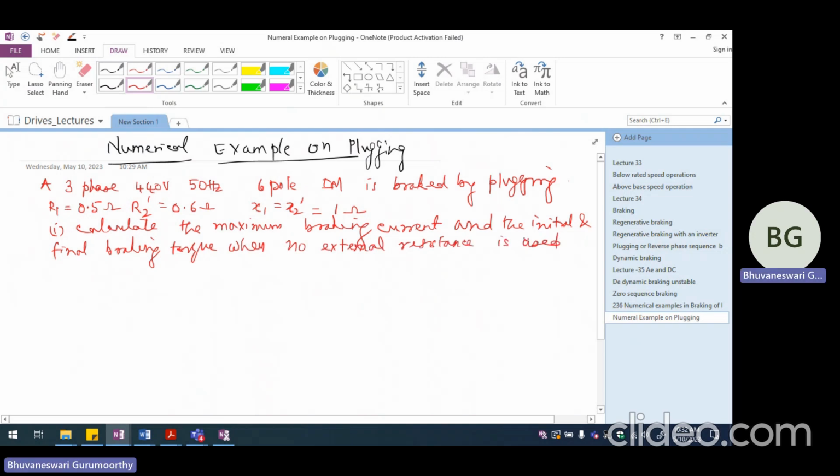So this is the first subdivision that is being asked. Let's try to first of all solve this.